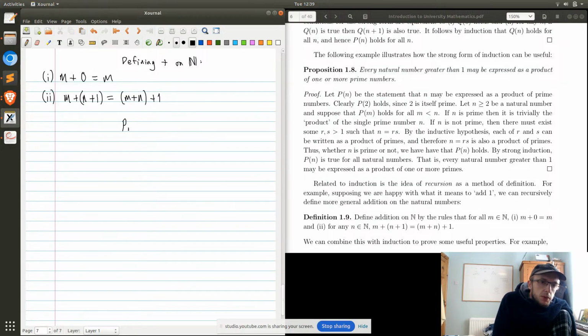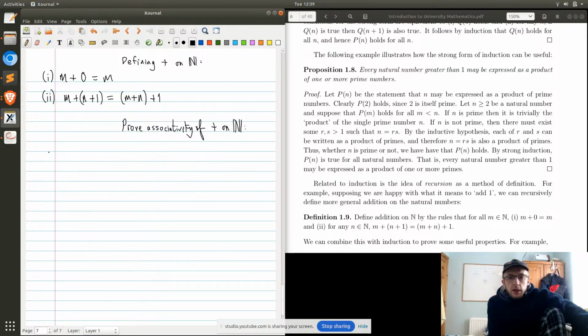Okay, so prove associativity of addition on the natural numbers. Okay, how are you going to do that?